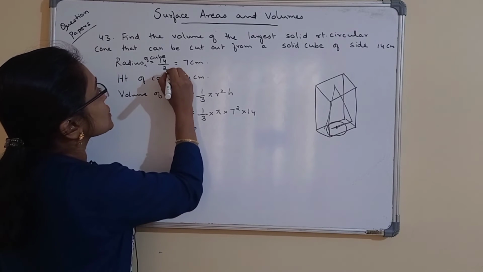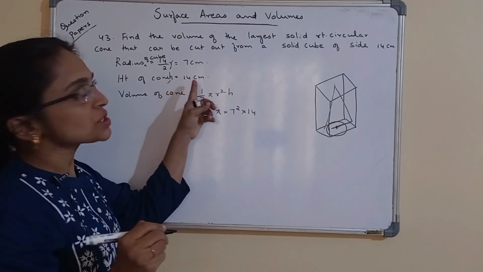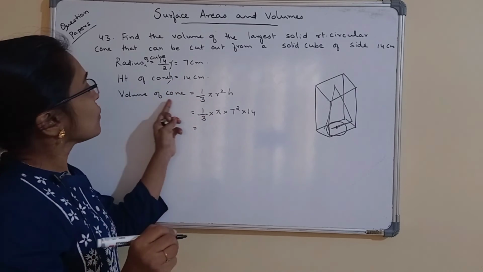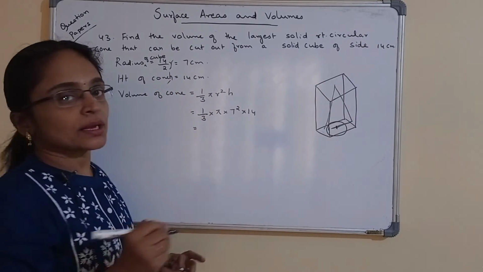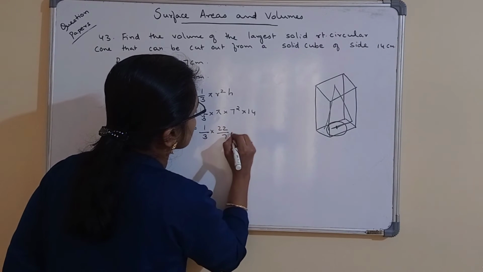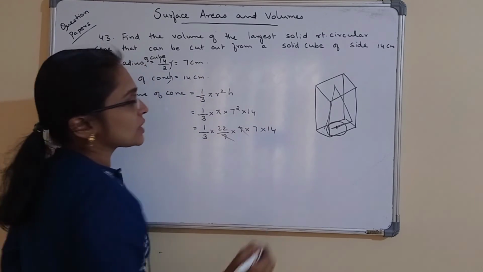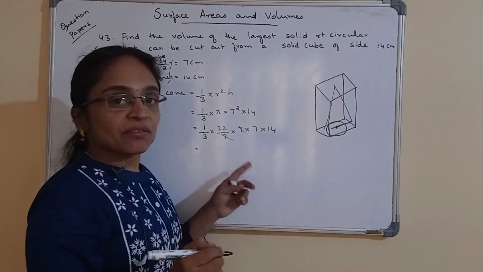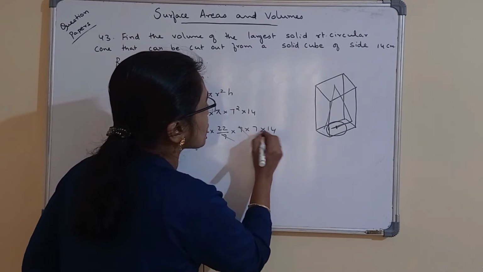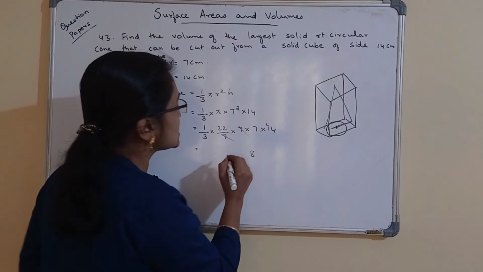We can write r equal to 7 centimeter, h equal to 14 centimeter. Volume is 1 by 3 pi r square h, which is equal to 1 by 3 into 22 by 7 into 7 into 7 into 14. One 7 will get cancelled. 7 into 14, 4 sevens are 28, 2 carry, 7 plus 2 is 9.